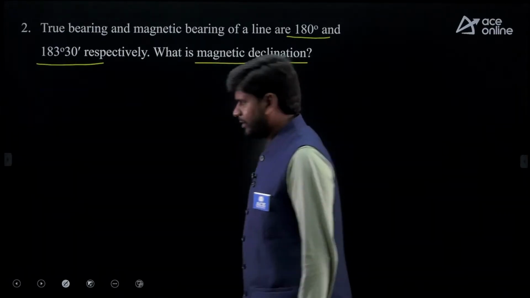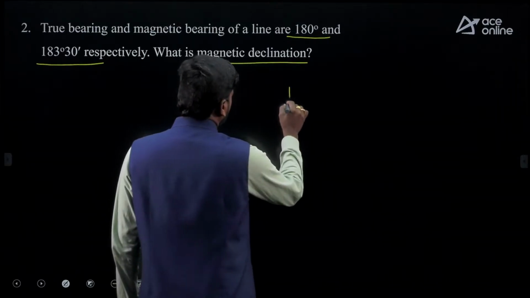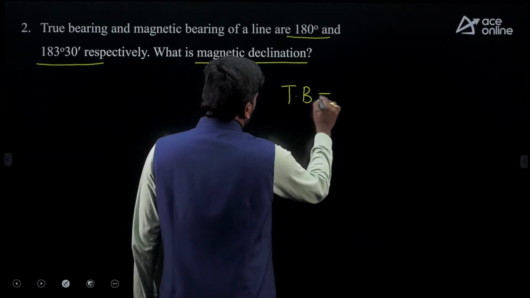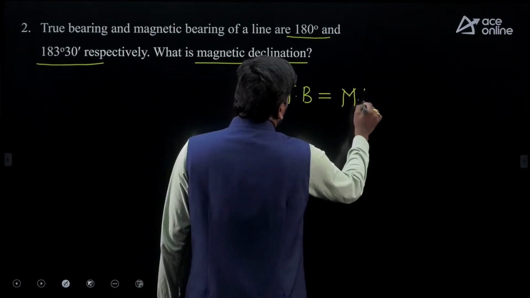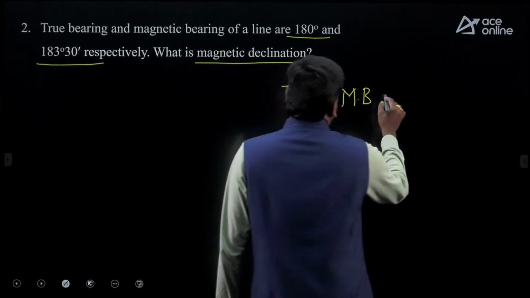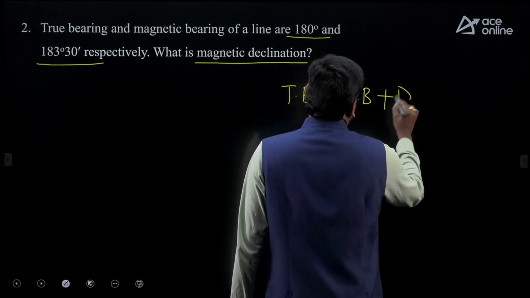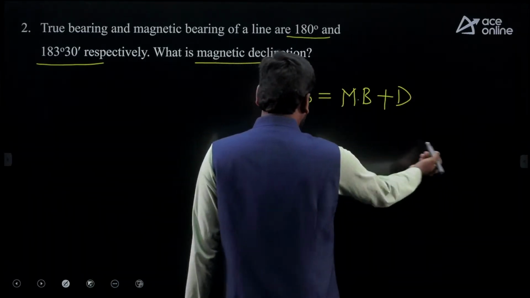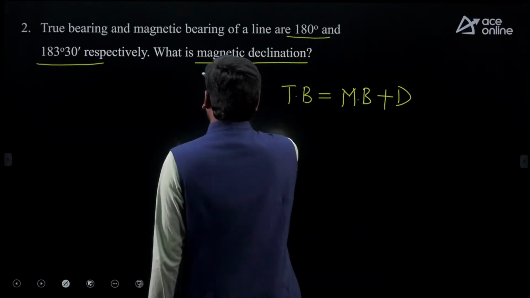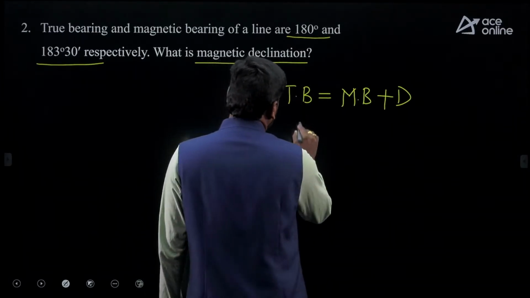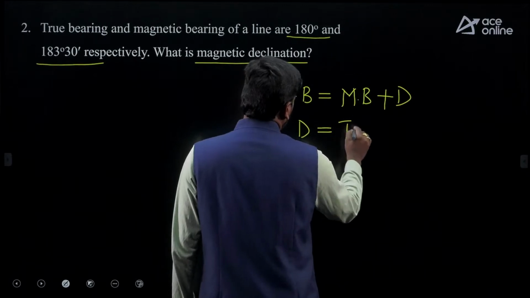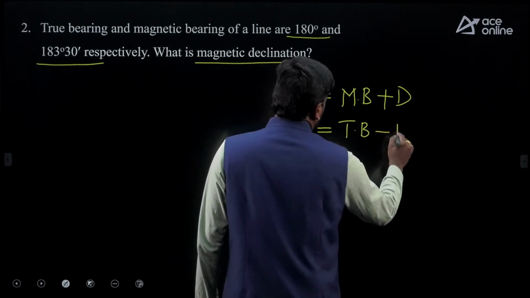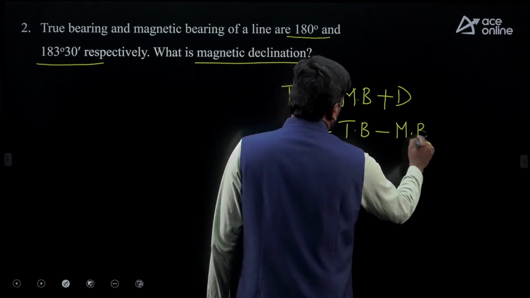So we know the formula: true bearing is equal to magnetic bearing plus declination. D stands for declination here, right. He is asking us to calculate declination, so declination is equal to true bearing minus magnetic bearing.